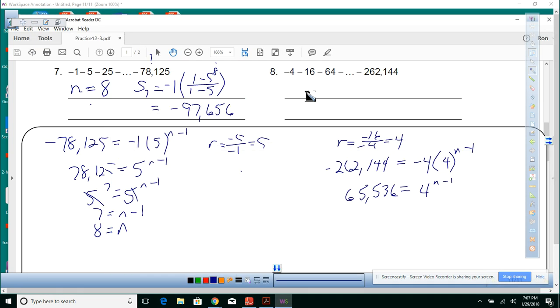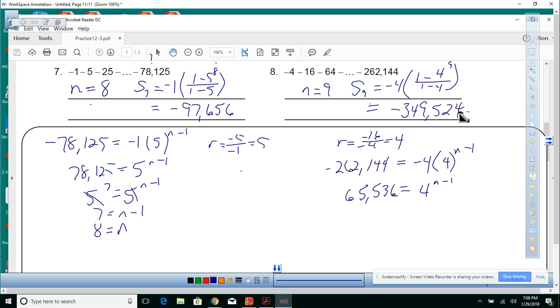All right, so n equals 9, and then S of 9 equals negative 4 times 1 minus 4 to the 9th power over 1 minus 4. And what does that equal? Negative 349,524.